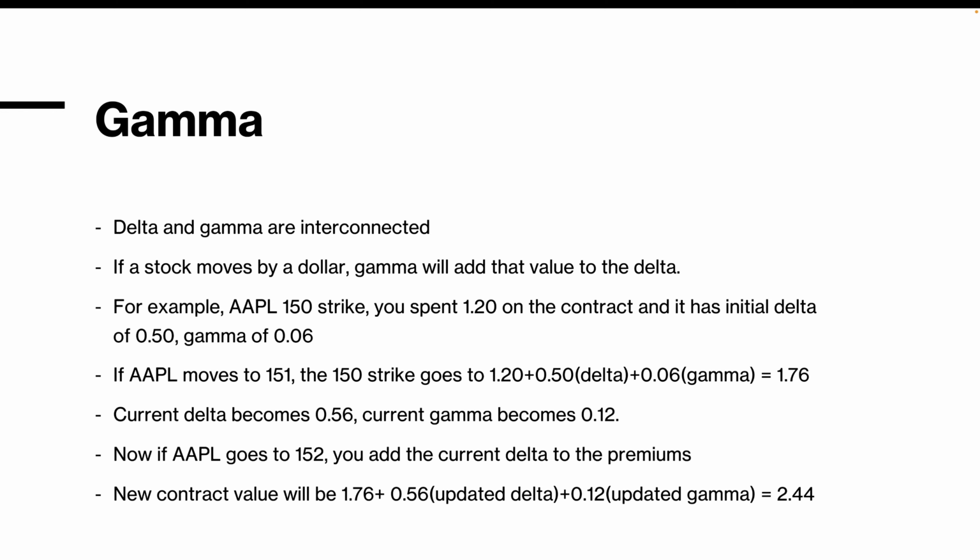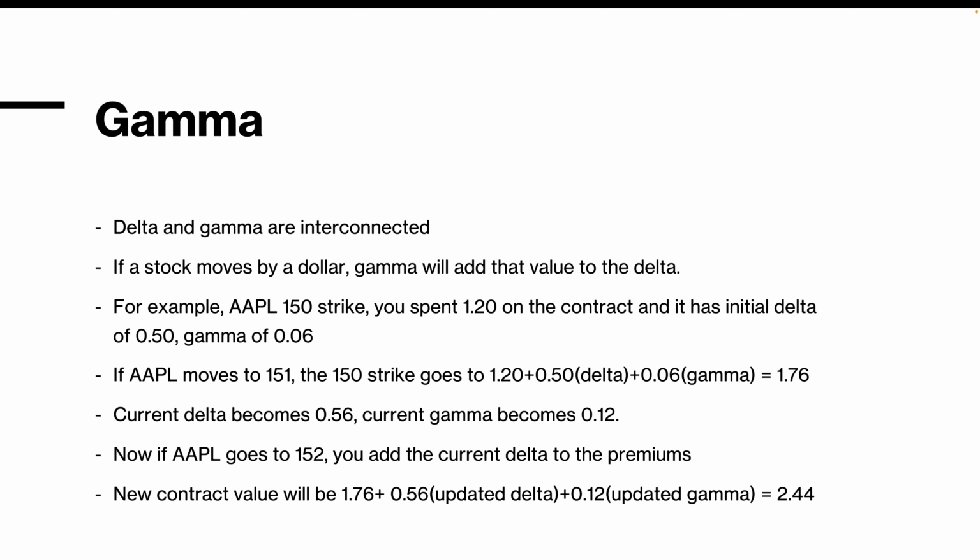So let's say Apple moves up $1, to 151, after you get this contract. When it moves up to 151, the $50 delta will be added to your $120, so your premium will be sitting at somewhere around $170. Then you add your gamma to your delta, which will be your new delta.